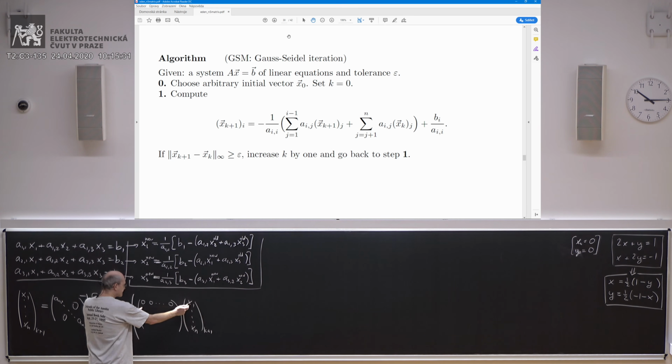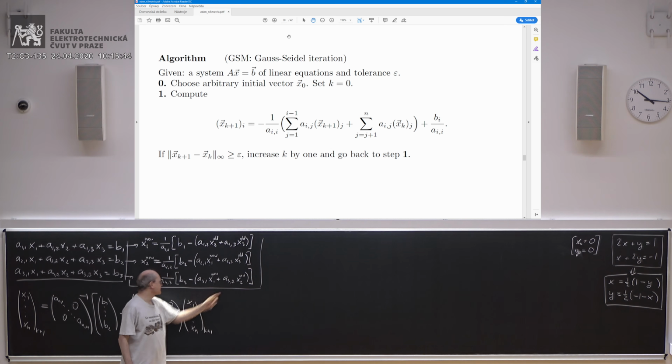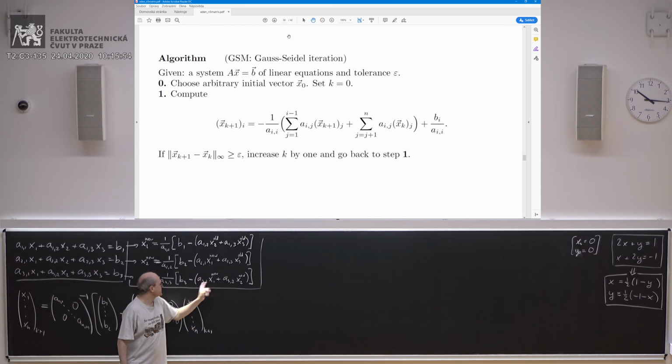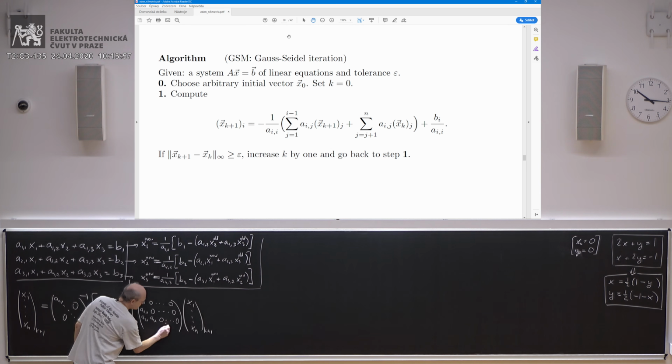So in order to use the x1 value, we have to put the coefficient here, which is a21, and the other values of the new vector are not used at all. In the next row, we are using two values of the new vector, so I would see a31 and a32 here, and then zeros. And finally, in the last row, I see just the new vector, but of course with the exception of the diagonal term. So there will be an1 through an minus 1. So that's the matrix which multiplies the new iteration of my vector.